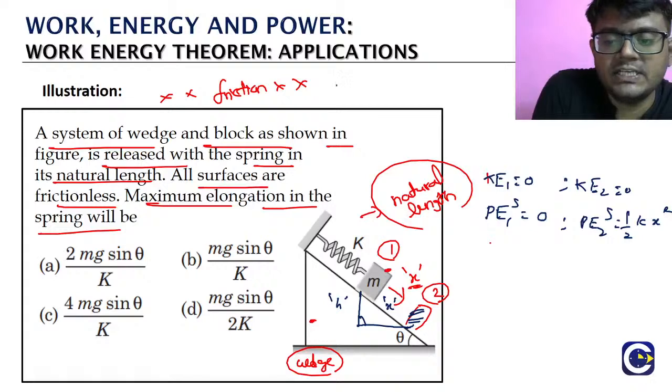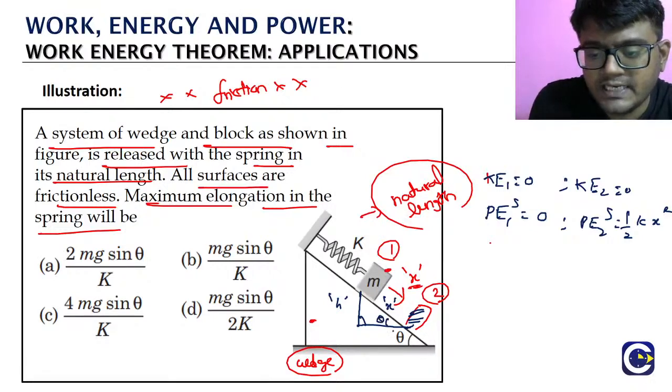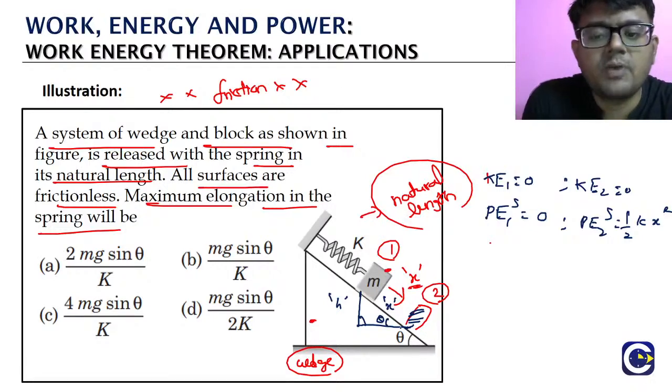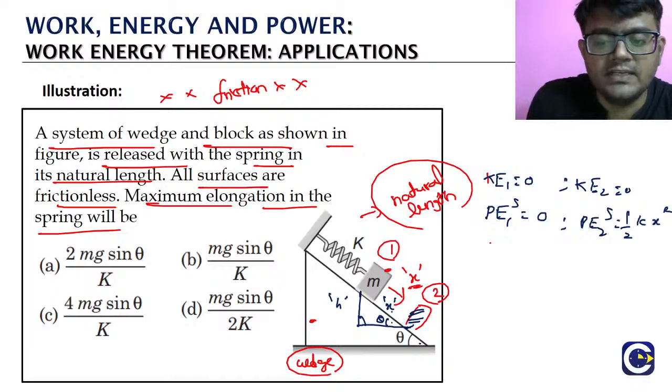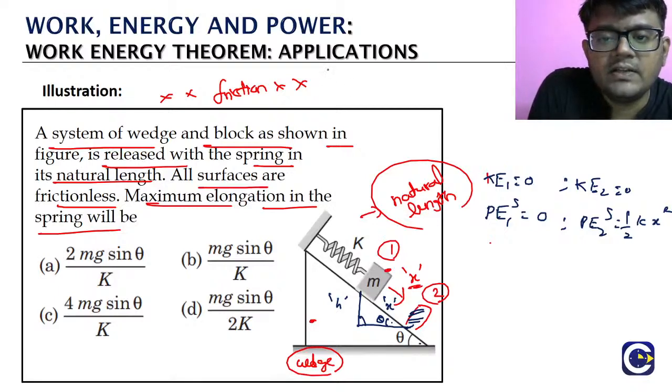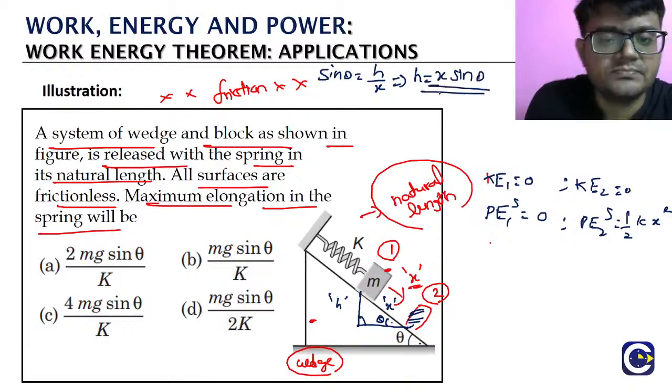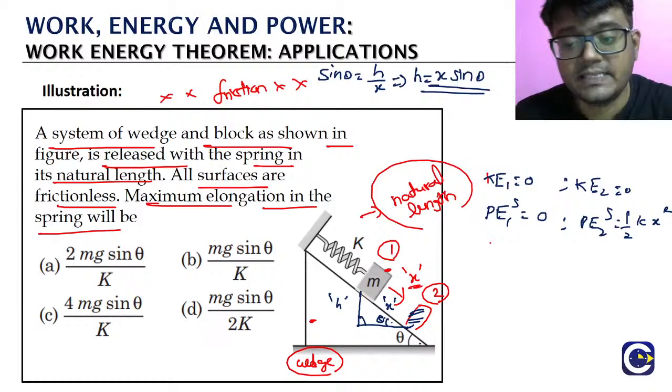What is the relation? This is theta. Using the properties of similar triangles, the inclined plane angle is theta, which means the angle here also will be theta. In this small right angle triangle, sin theta is equal to h by x, which means the value of h is x sin theta.